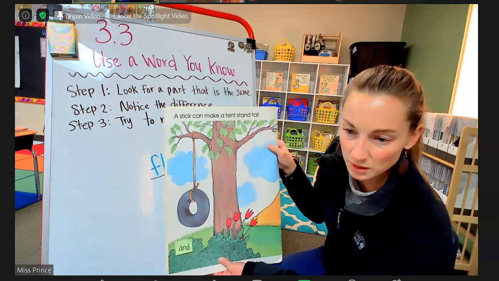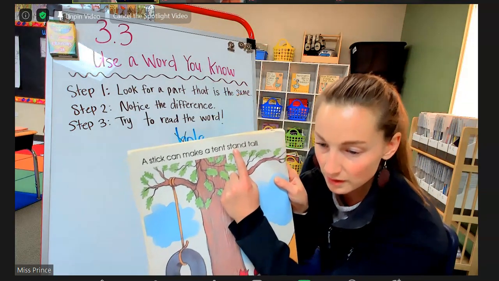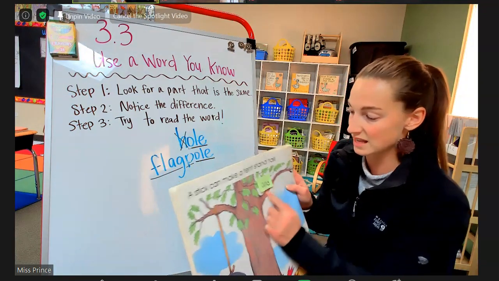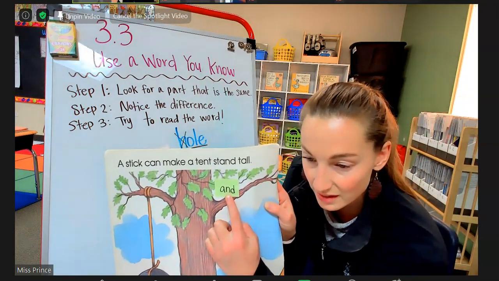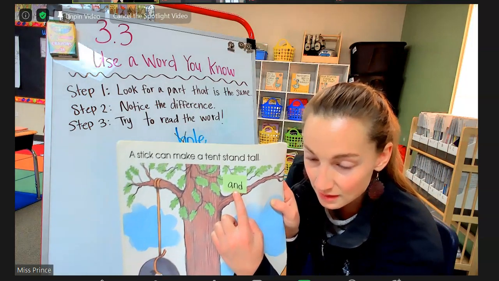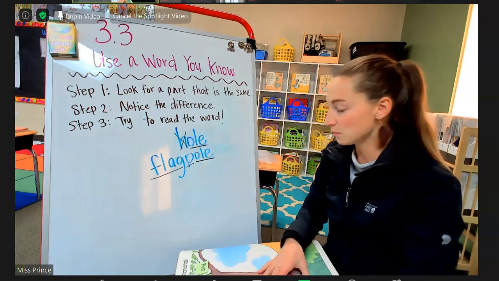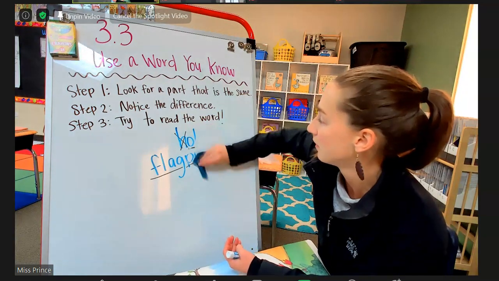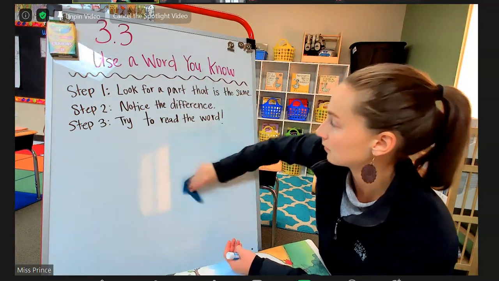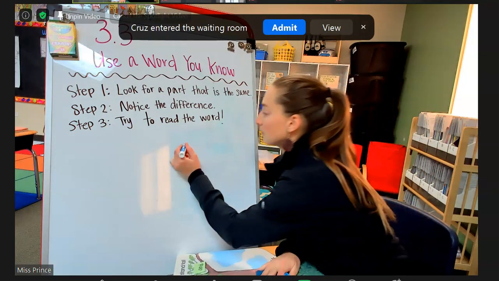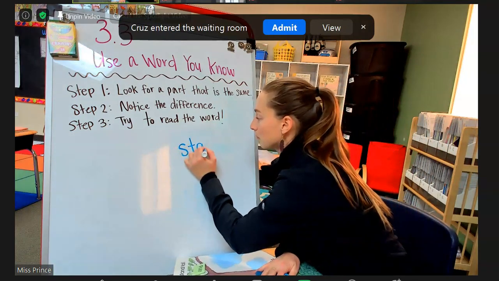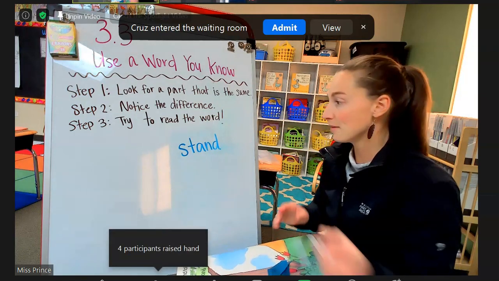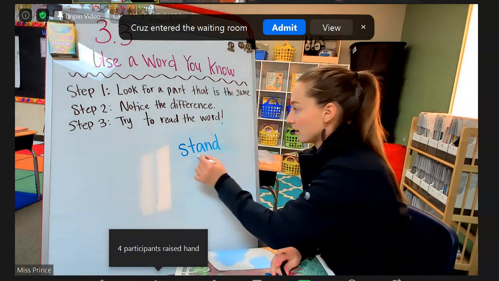I need to take this word apart. I need help with this word. What I do know is I recognize that this word right here is in it. Do you guys see that? I see the word and. So I'm going to write it on this board. And I need some help figuring out this word. I recognize this part here.